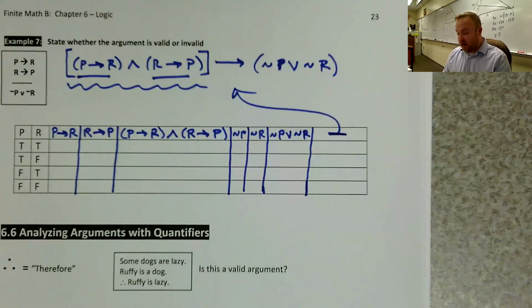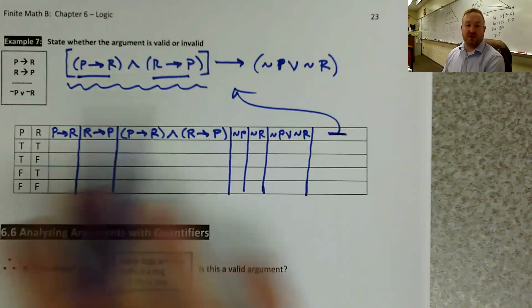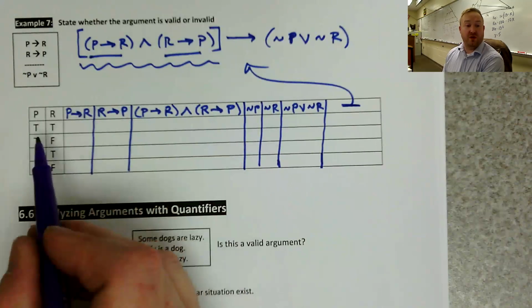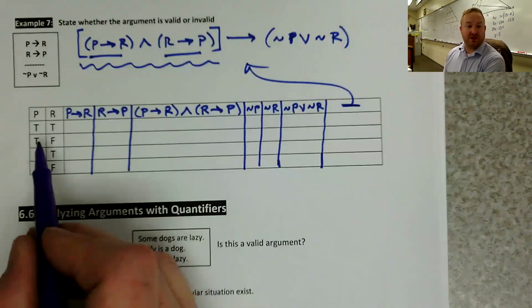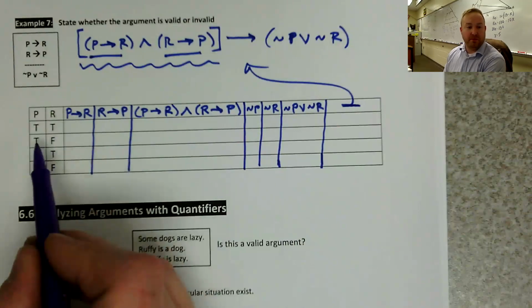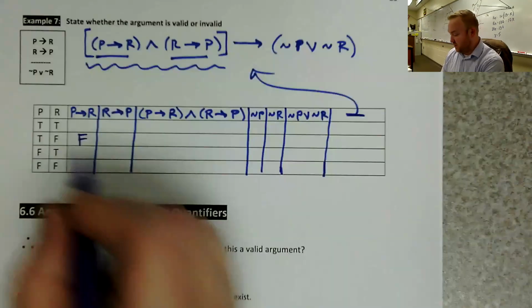Okay, now it's just about going through and filling out your trues and falses. So you just have to know your true false rules here. For instance, P implies R is always true except for when P is true and R is false. So if P happens and R doesn't, so P is true and R is false, that's the only time our conditional is false.